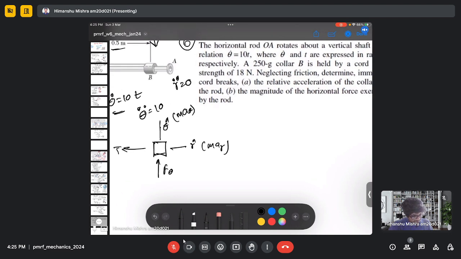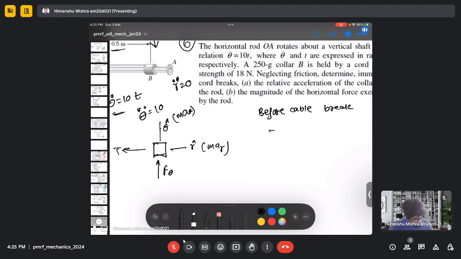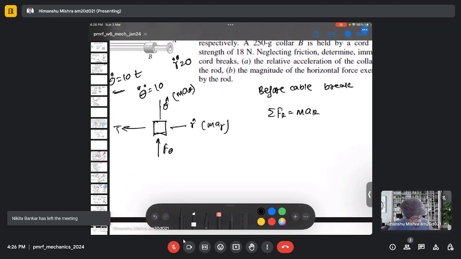And before the cable breaks, I can do the force balance analysis. My a r is r double dot minus r theta dot square.